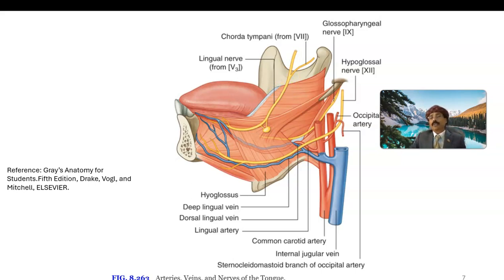Lingual nerve is a branch of the mandibular nerve. We have the glossopharyngeal nerve, the 9th cranial nerve, and the hypoglossal nerve, the 12th cranial nerve. Hypoglossal nerve supplies all the muscles of the tongue except the palatoglossus. Glossopharyngeal nerve supplies the stylopharyngeus muscle.